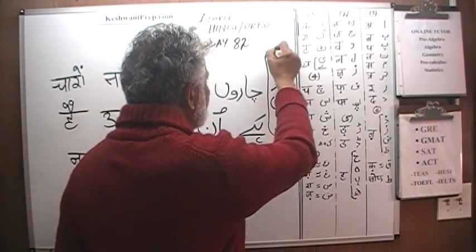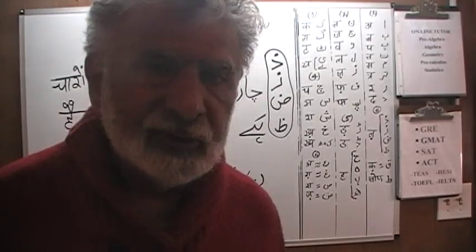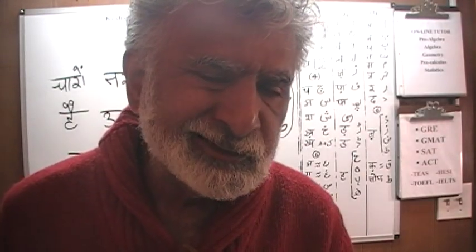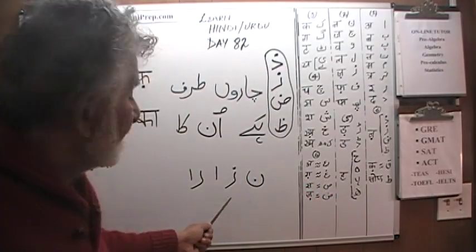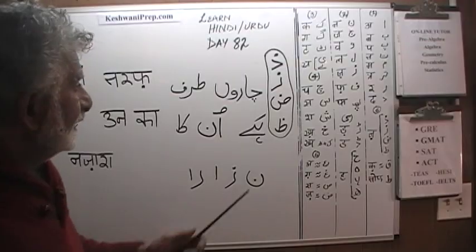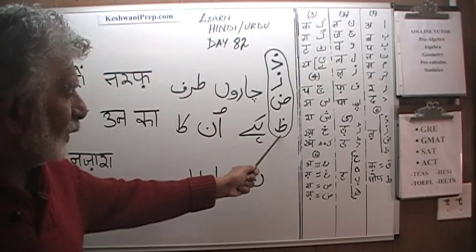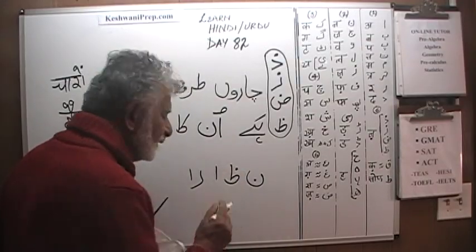All of these produce a Z sound. The writer has to know which Z is called for in order for the spelling to be correct. This is misspelled. Nazara is not spelled with a Ze, it is spelled with a Zwat. So that's the first complication.